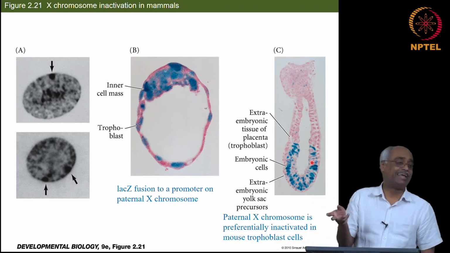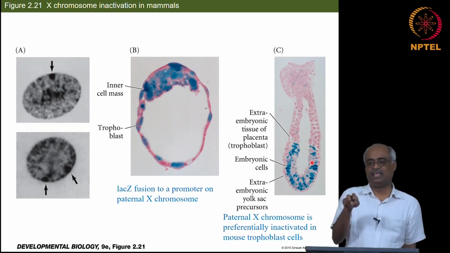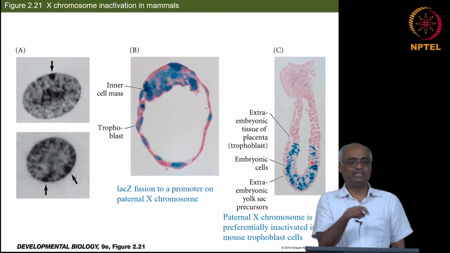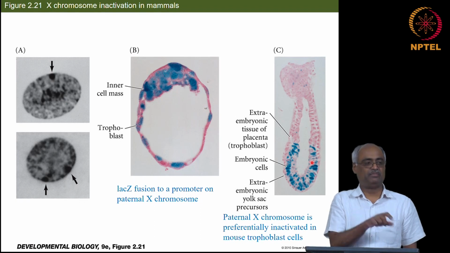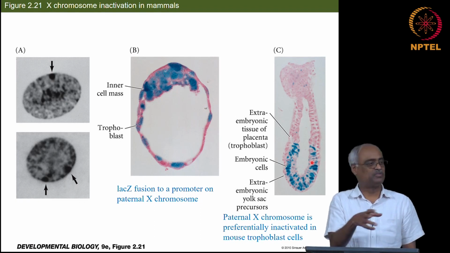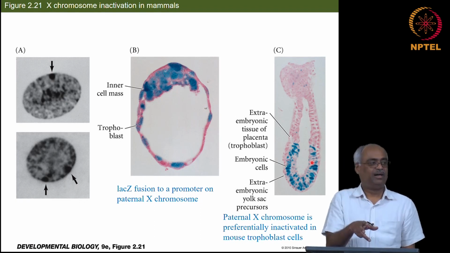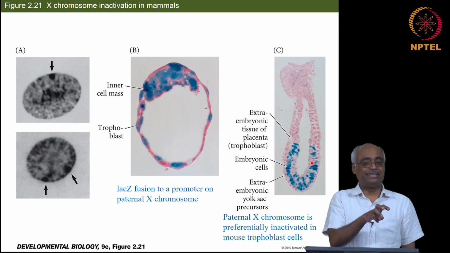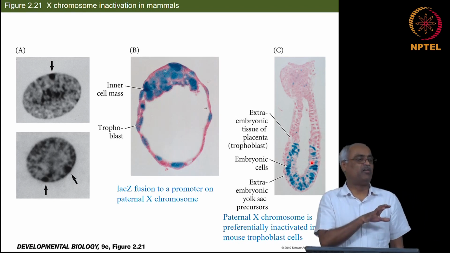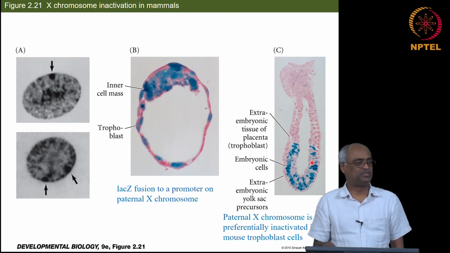And second, it is random which X chromosome, meaning maternal or paternal, is going to be inactivated in which cell. Once done, it is irreversible; it remains in all the descendants of that lineage.